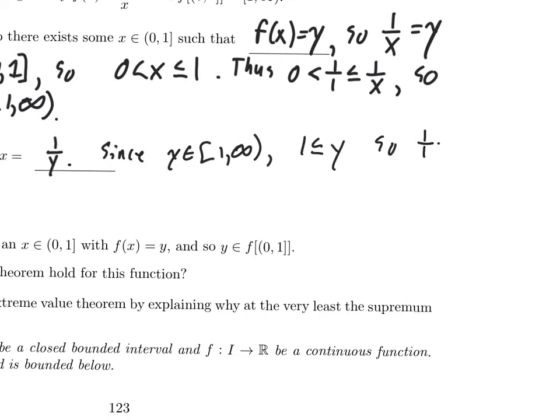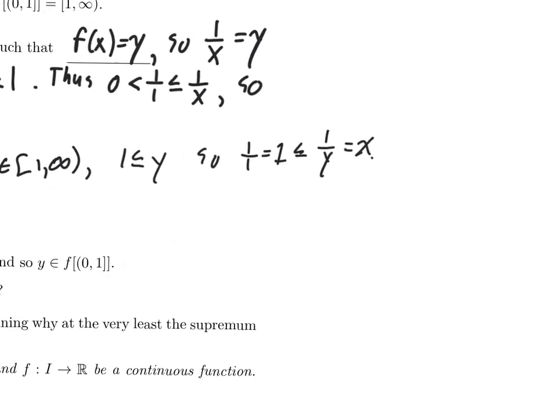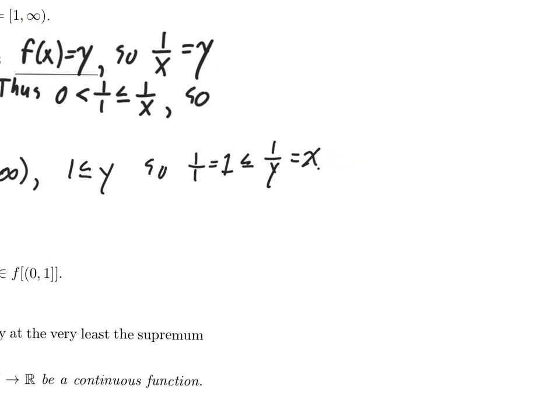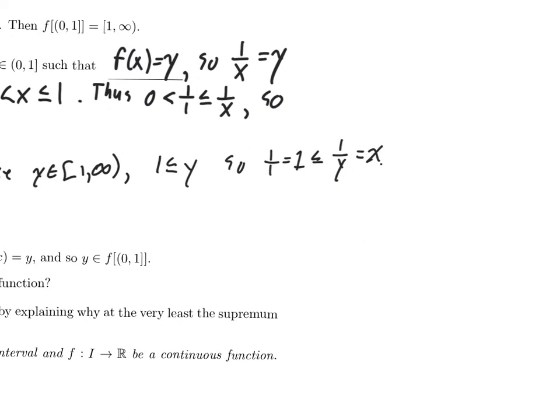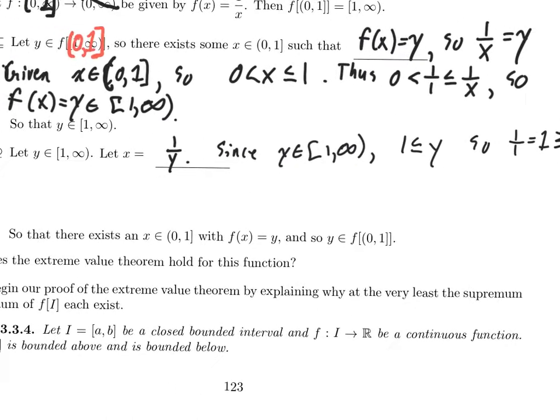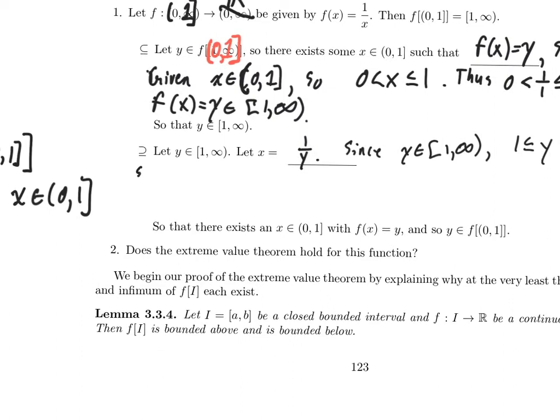So 1 over 1, which is equal to 1, is less than or equal to 1 over y, which is exactly what we defined x to be. Nope, that inequality is incorrect. But I also know that y is bigger than 0. In a positive number, you'll get a positive number. So x is in (0, 1].